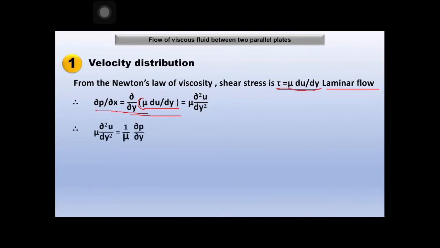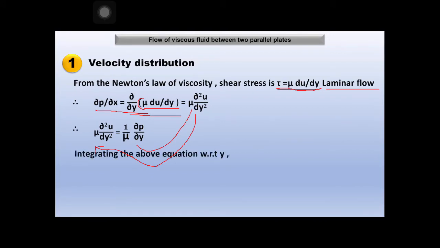Therefore, if you rearrange this equation, these terms will come to the left side, and this mu will divide to the other side of the equation. So it will become delta square u by dy square is equal to 1 by mu into delta p by delta x.